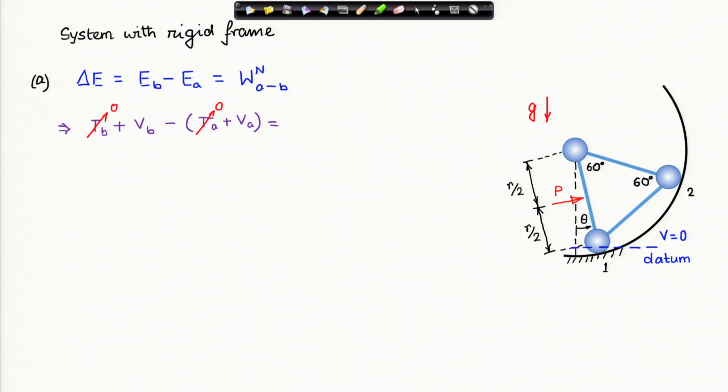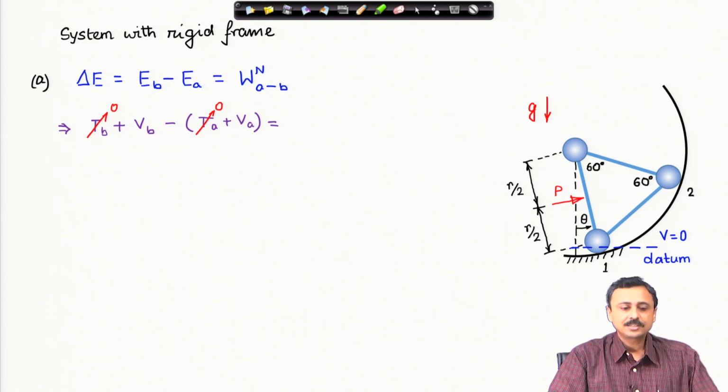Now, on the left hand side we have the total mechanical energy at B minus total mechanical energy at A. Total mechanical energy at state B, which is obtained when theta equals 60 degrees, is kinetic plus potential. Now, it must just reach that position with theta equal to 60 degrees.